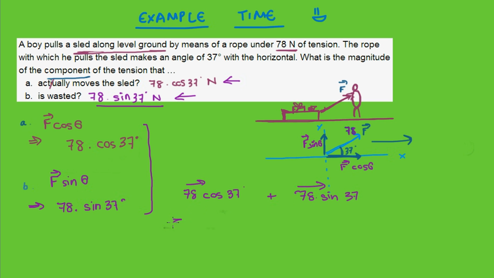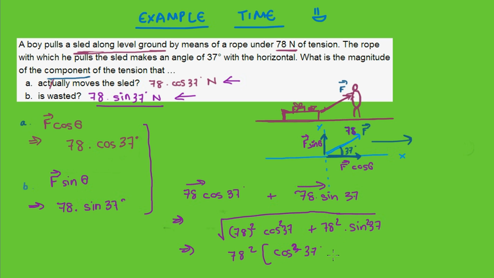Now how do you find the magnitude of vectors? Yes, you find the magnitude by taking the square of them, adding them together, and then taking the square root of that. So 78 squared cos squared 37 plus 78 squared sine squared 37, which will be 78 squared times (cos squared 37 plus sine squared 37).